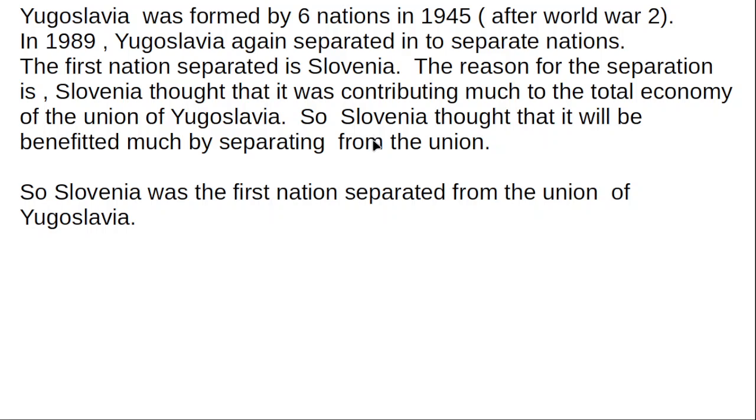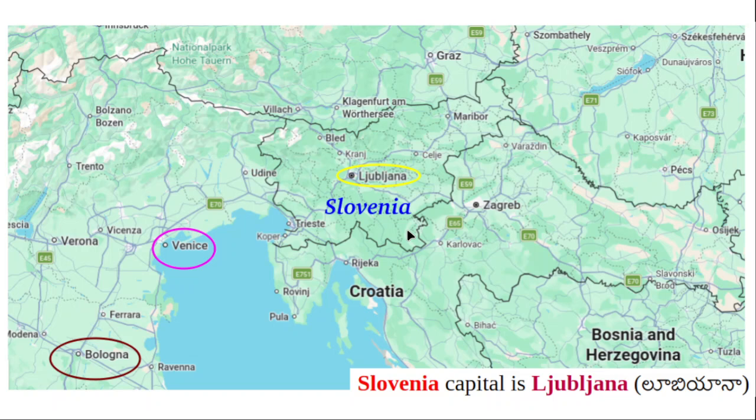So Slovenia thought that if it separated from the Union, it would benefit much. Therefore, Slovenia was the first country separated from Yugoslavia in 1989.